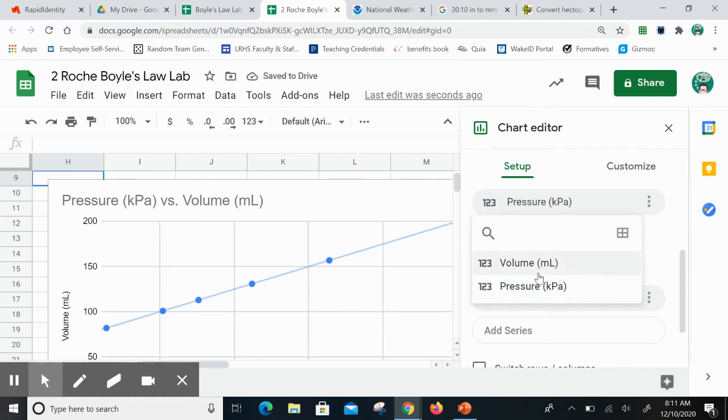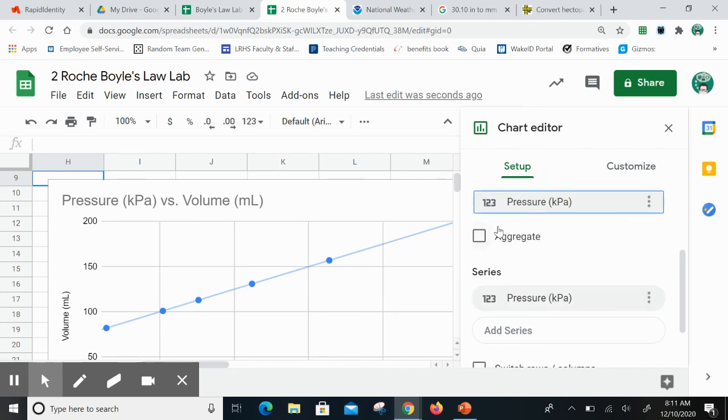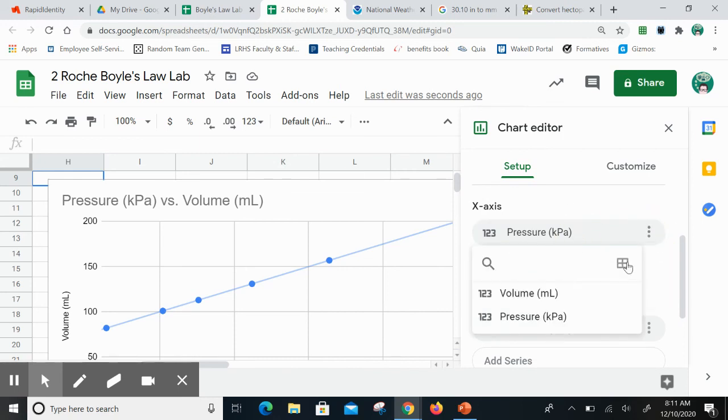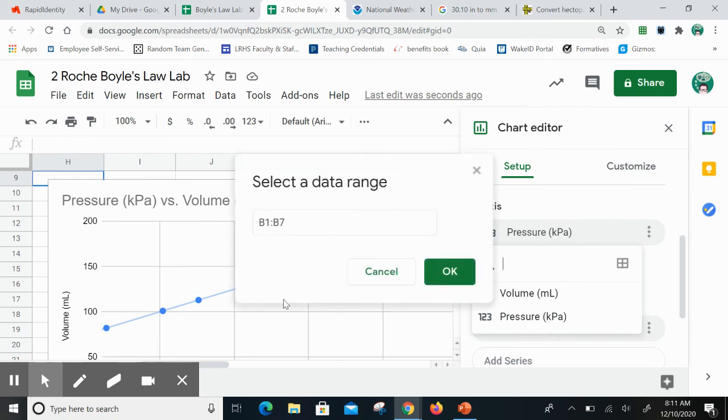Now 1 over V isn't one of the options. Mr. Roach, what the heck? So I'm going to click on this thing, which says add selected data range. And it asks, what data range?